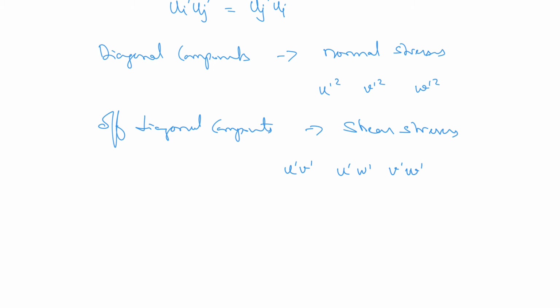Similarly, w dash is the fluctuating velocity component in z direction. So these three act in their normal directions. The other three components, u dash v dash, u dash w dash, v dash w dash, are all cross terms or shear terms. We will consider only the first term u dash v dash. If we understand this, the remaining terms will fall in place.